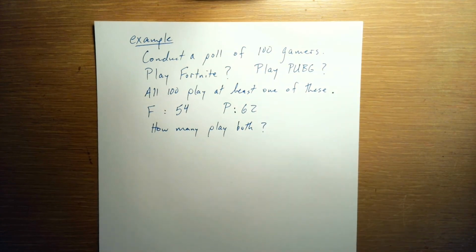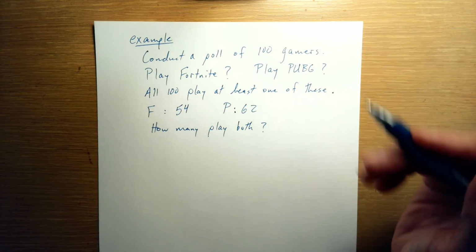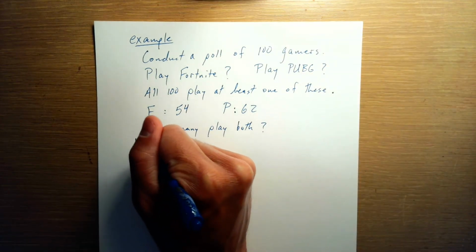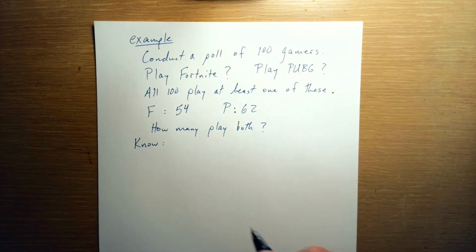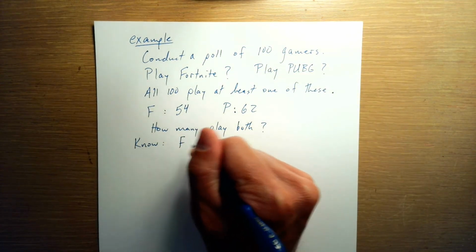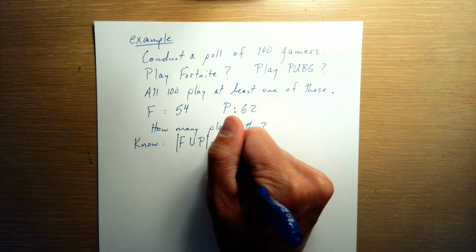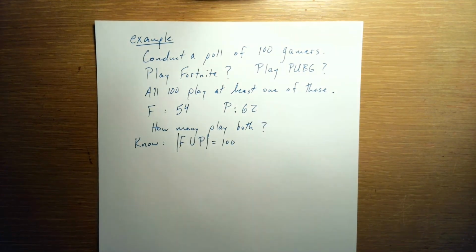We didn't actually ask them that, but we know how many total people there are. That's 100. So here's another thing that we know. Since we controlled the experiment, we know that the Fortnite players and the PUBG players total 100 total people that we asked.